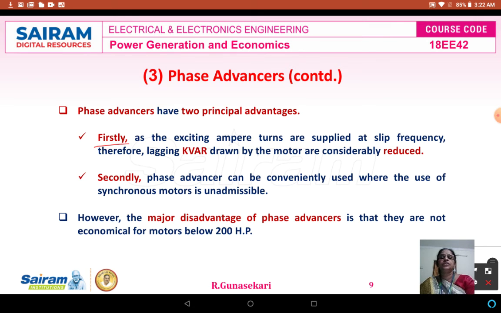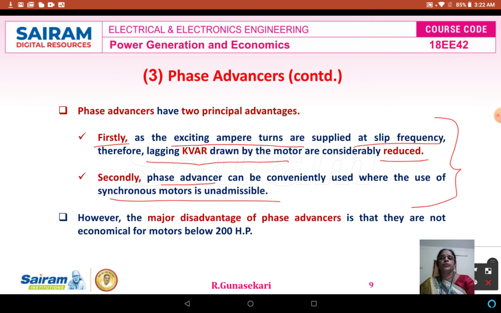The first one is that the exciting ampere turns are supplied at slip frequency, so the lagging kVA drawn by the motor is reduced. The second one is that the phase advancer can be conveniently used where the use of a synchronous motor is inadmissible. This is the advantage of the phase advancer. The disadvantage is that phase advancers are not economical for motors below 200 horsepower, that is 200 HP.